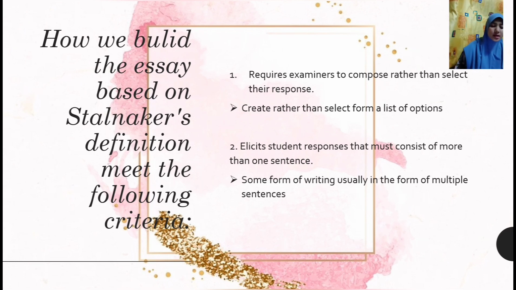First, request examinees to compose rather than select the response. It means something in which the examinee or student has to compose or create rather than select from a list of options. Second, elicit student responses that must consist of more than one sentence. It means it generally includes some form of writing, usually in the form of multiple sentences.